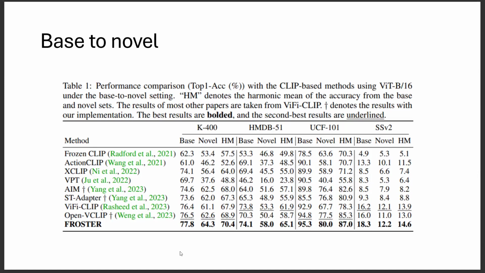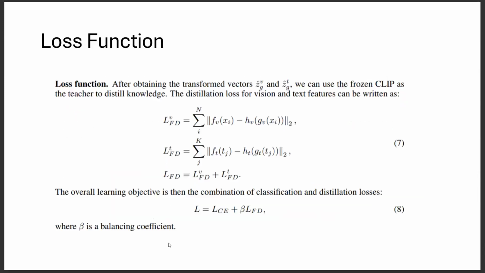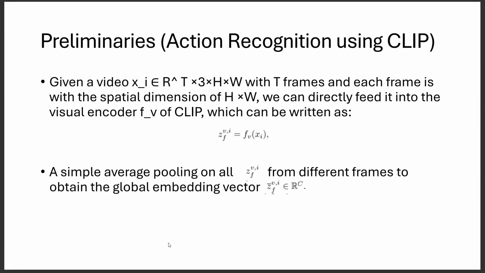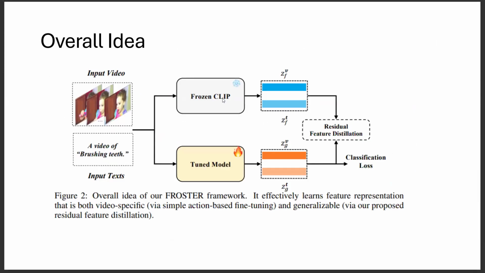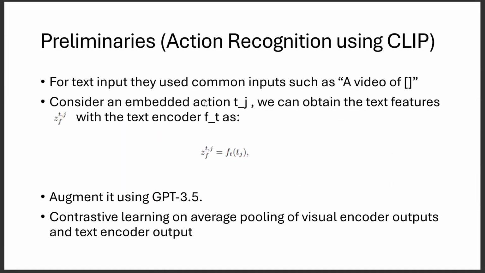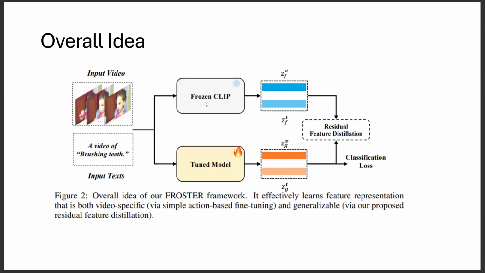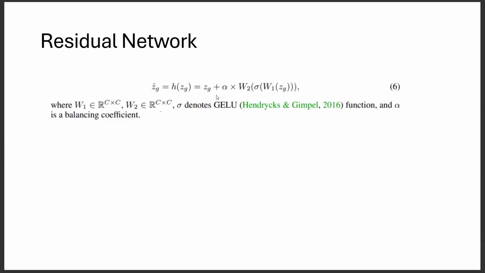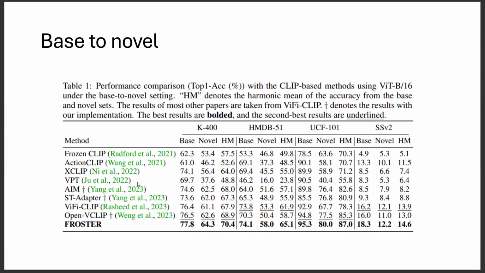One more thing, in their action recognition section here, this is an action recognition model. They don't propose anything new. They just use an existing model. They just show that the distillation method works and makes the model more generalizable. So in this experiment here, they used V-CLIP.